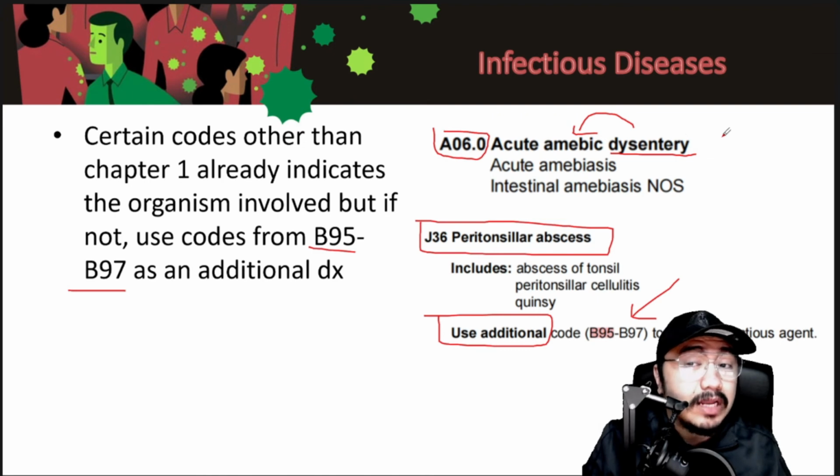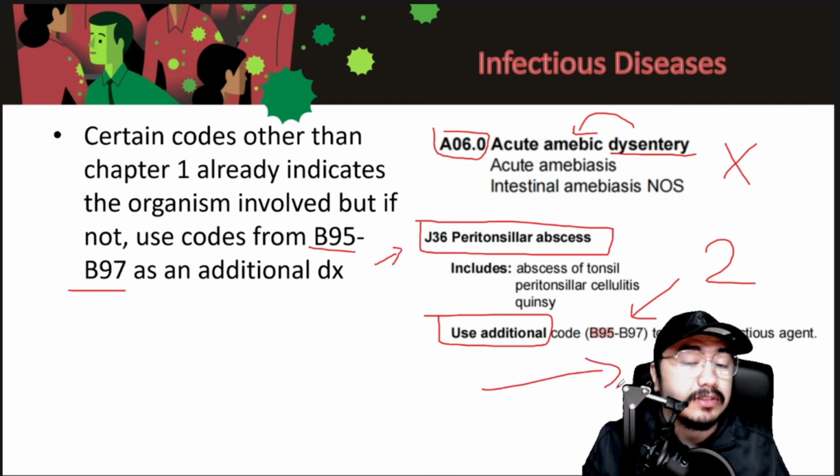Again, if it's already mentioned on the description of the code itself what the etiologic agent is, code it as a solo code. But if it's not yet mentioned, as you can see from J36, then most commonly you'll be getting two codes here. All right, the disease itself and the infectious agent, B95 to B97.